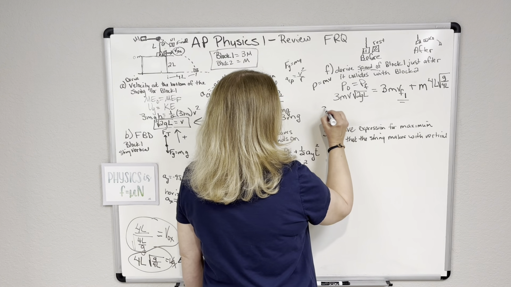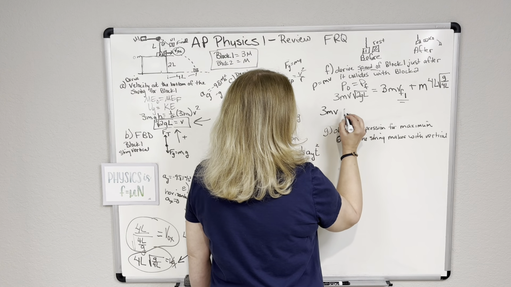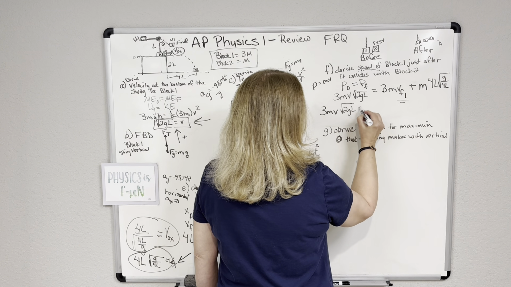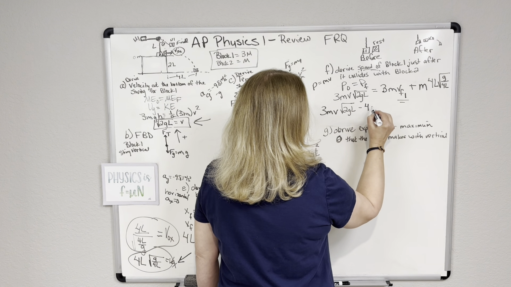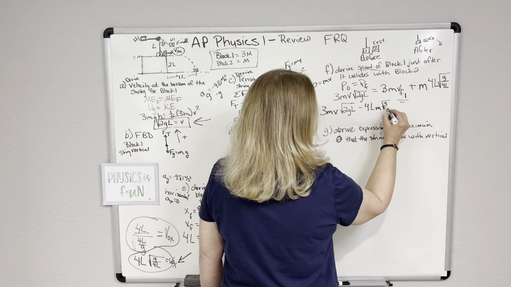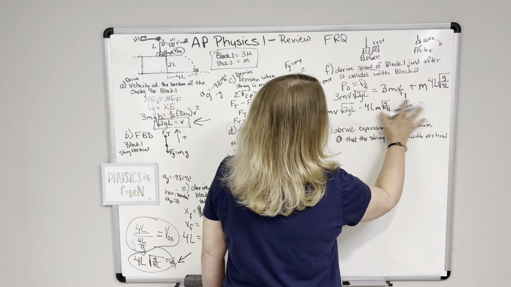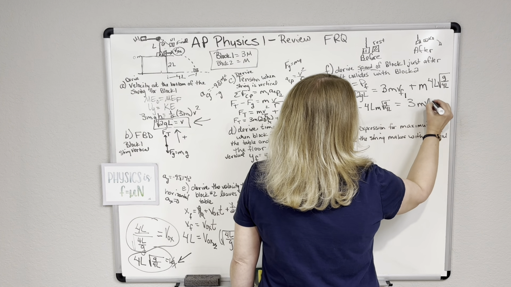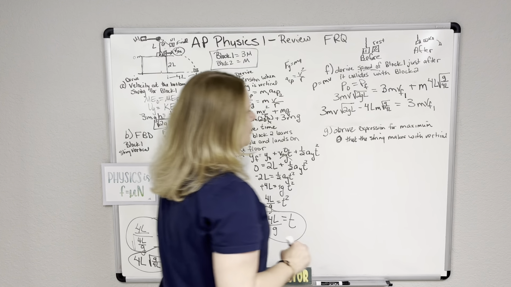All right, so I have 3m times the square root of 2GL minus 4L times m times the square root of G over 4L equals 3m V final for block 1, which is what we're looking for.